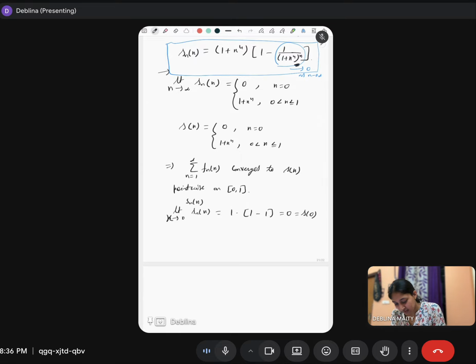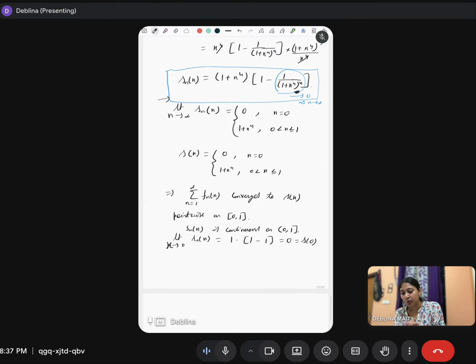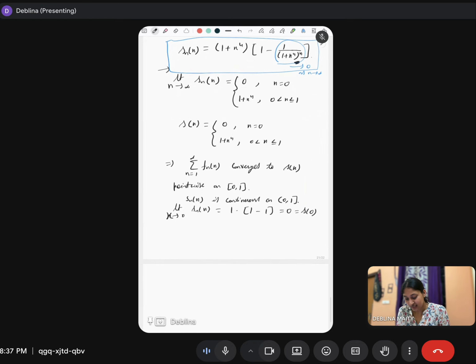This means S_n(x) was also continuous on (0,1], because this function is continuous when x is non-zero, and we have seen that when x goes to 0, S_n(x) coincides with S(0).